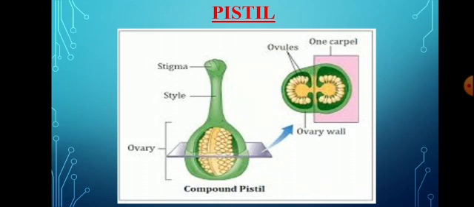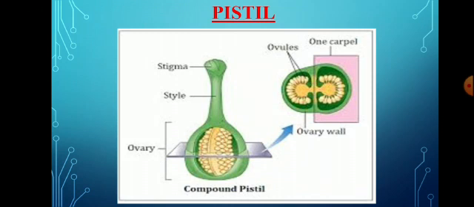Sepal is green in color, with leaf-like structures. Petal is colorful and attractive, a prominent structure. Then stamen is the male organ of the flower. It has two parts, anther and filament. Then pistil is the female organ of the plant.